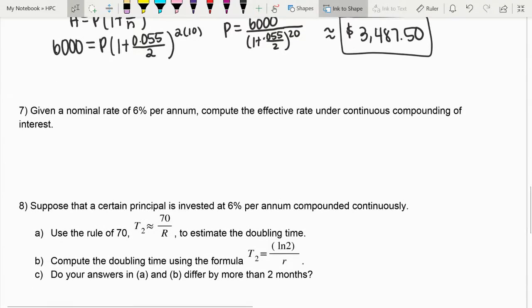Number 7, given a nominal rate of 6% per annum, compute the effective rate under continuous compounding interest. So we want the effective rate under continuous compounding interest. So look back at your formulas. Okay, it says if compounded continuously, we want to just be using the formula A equals P times e raised to the power of rt.